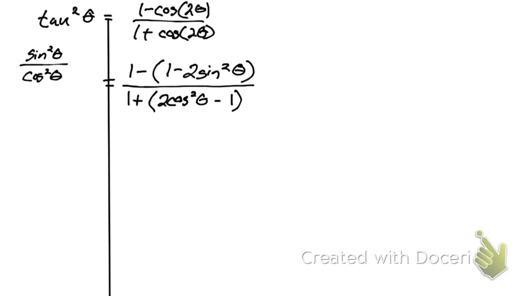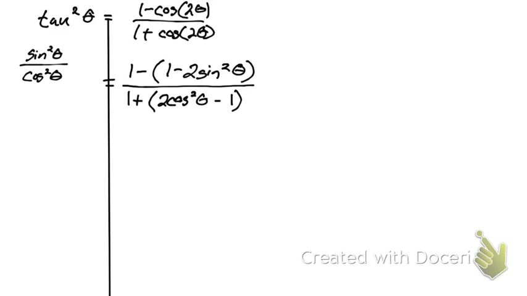And if we look really quick, we're going to have 1 minus 1, which is going to turn to 0. This negative is going to go here, so we have a positive 2 sine squared theta over 2 cosine squared theta. The 2's cancel out, and I am done.